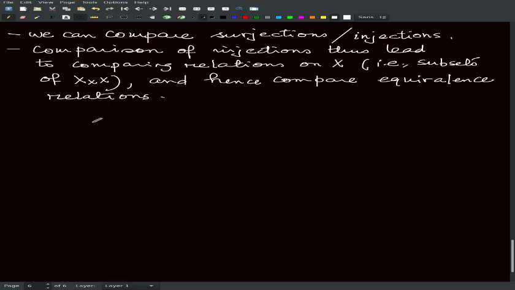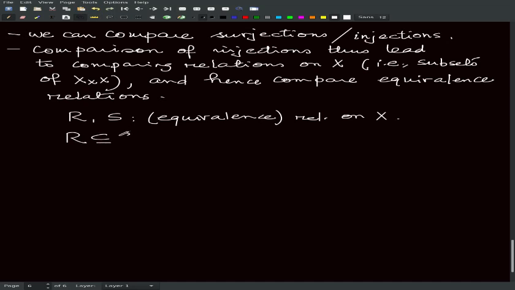So for instance, on a set X, if R and S are equivalence relations, you can even take them as relations on X. What is the meaning of R being smaller than S? Precisely, the meaning is R is a subset of S. So what does it mean?